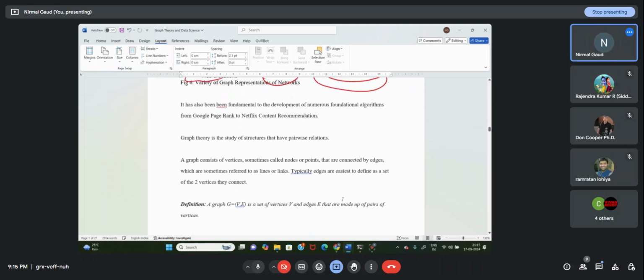And also we use graph theory in the development of numerous foundation algorithms, from Google PageRank to the Netflix content recommendation system. And the recommendation system also I told. How one node is related to any other node, that's a recommendation system.